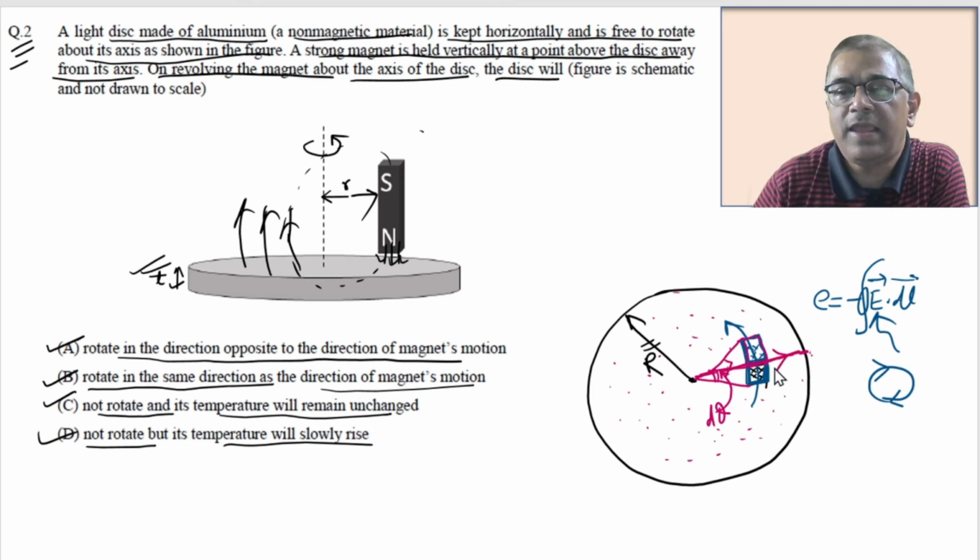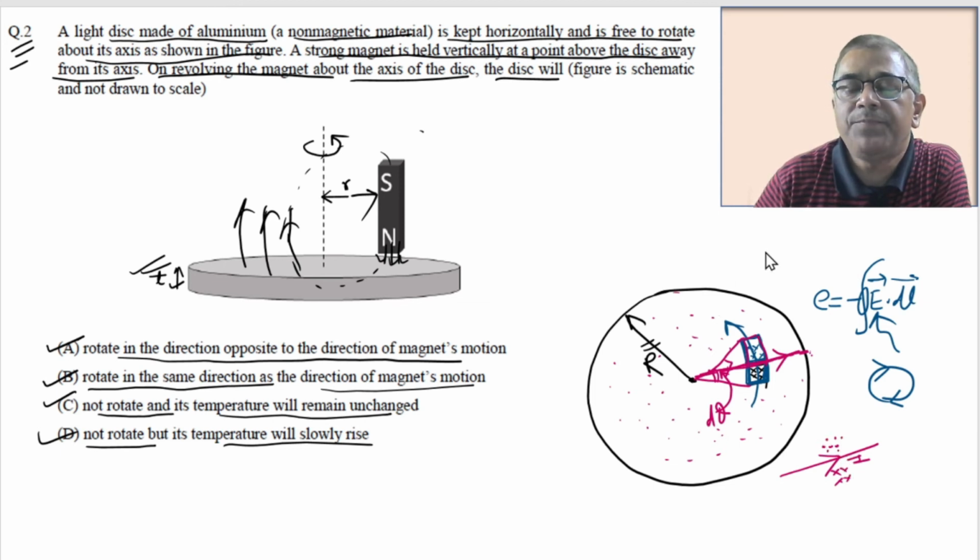Now if we take the induced current like this, then because of this induced current, the magnetic field within this region should be downwards, and on the other side the magnetic field will be coming normally upwards. Is it okay?